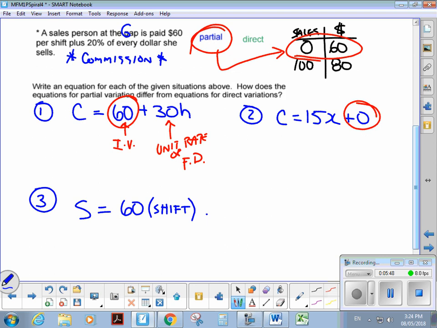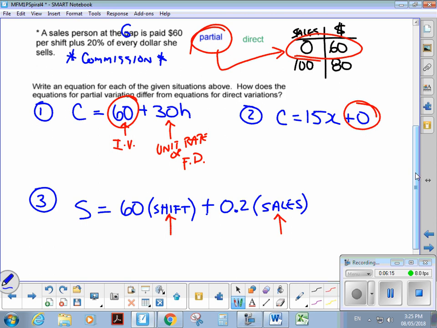All right, so $60 per shift. So you get 60 times each shift, plus you're going to get 20%, so as a decimal, 0.2 times your sales. So this is why we don't have this one in the grade 9 course. It's complicated because you have extra variables. You have a shift variable and the number of sales variables. So you won't see that on EQAO.